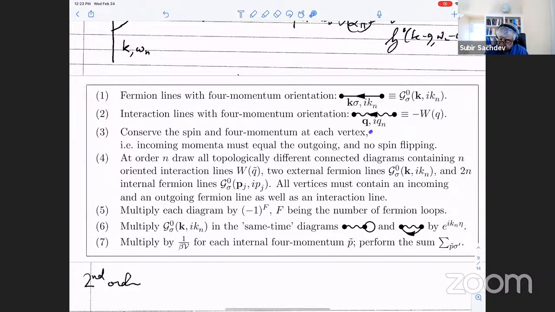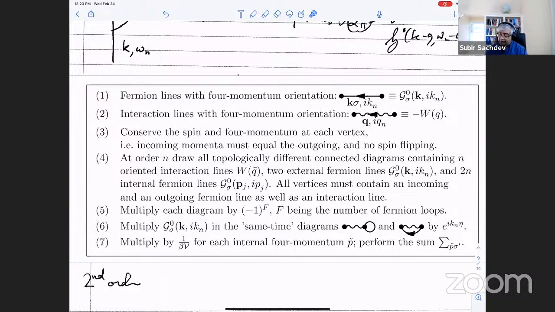Observe spin and momentum, and draw all topologically different connected diagrams containing n oriented lines, two external fermion lines, and two internal fermion lines. There are no more factors of anything, as long as you make them topologically different. All vertices contain an incoming and outgoing fermion line as well as an interaction line. Multiply each diagram by minus 1 to the f, in addition to that minus sign there that you have to remember.